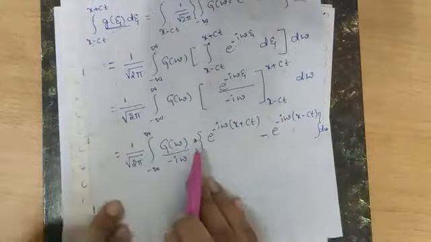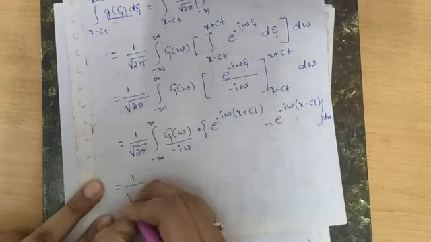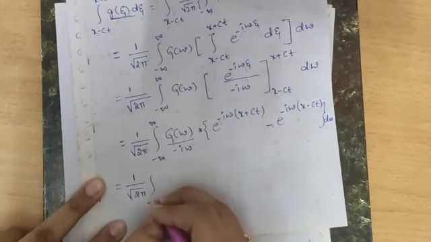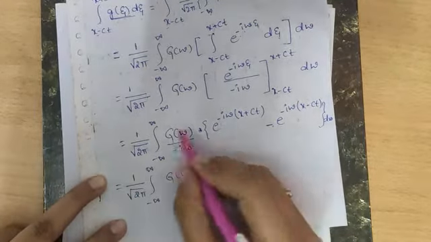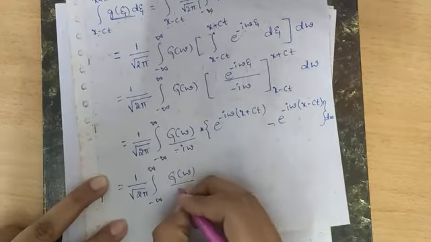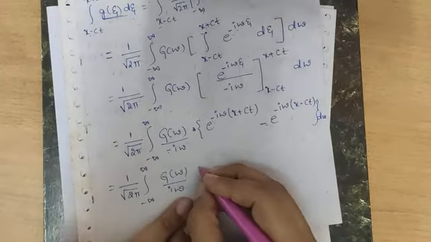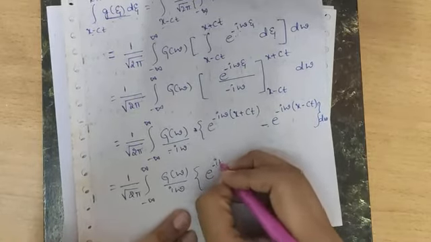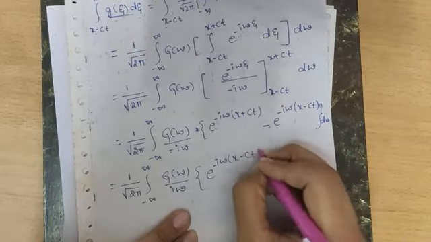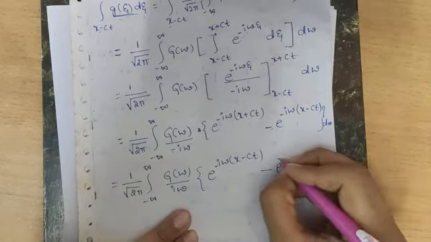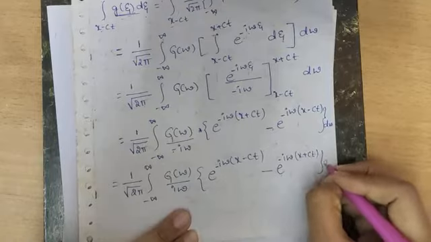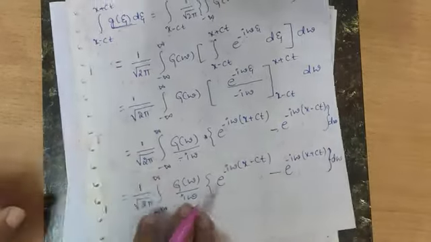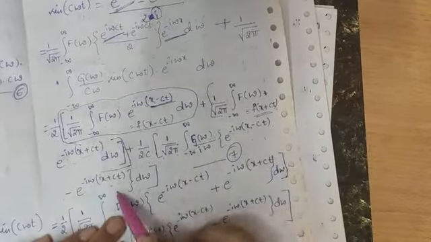If you take minus outside, you will get 1 over root 2 pi integral over minus infinity to infinity g of omega. That minus sign will get cancelled with this minus sign, so it will be just i omega into e power minus i omega x minus ct minus e power minus i omega into x plus ct into d omega. So this is nothing but the next half of equation number 7.